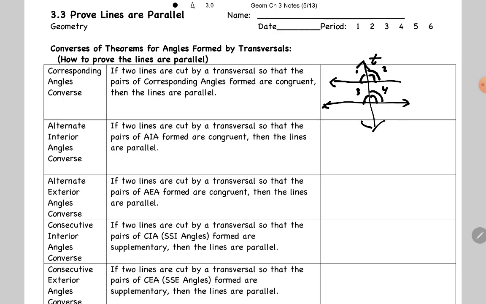Another way to show that two lines are parallel is if alternate interior angles are congruent. So here's two lines cut by transversal. Alternate interior means opposite side on the inside. And then same thing here. Alternate exterior, so there and there.